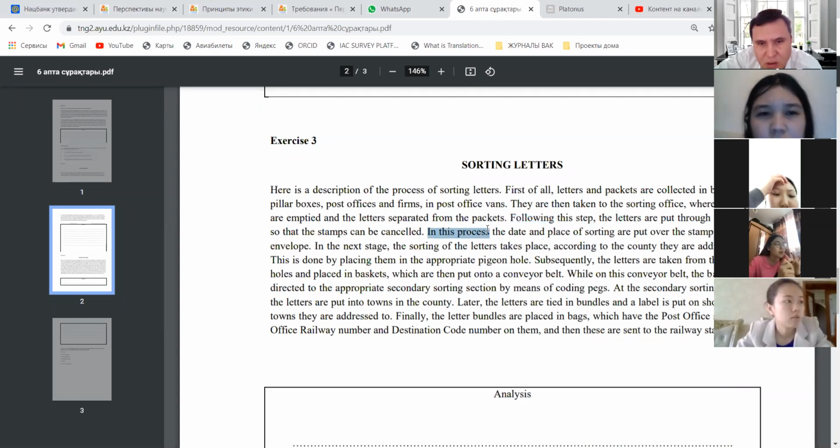In this process, third. The next stage, fourth. Subsequently, fifth. While, six. At the secondary sorting frames.